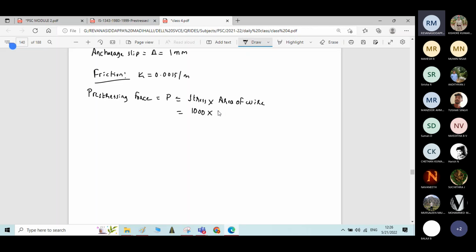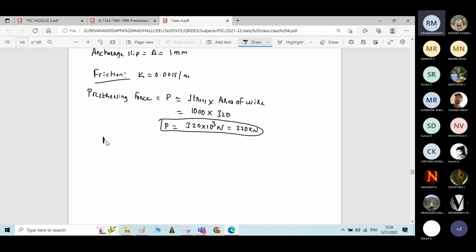Area of wire is given as 320 mm square. By this we'll get pre-stressing force. So we'll get it as 320 into 10 power 3 Newton or 320 kilonewton. Okay, now you got pre-stressing force.